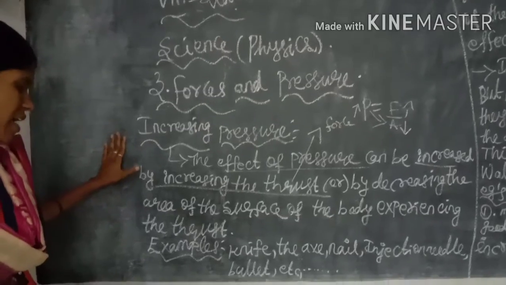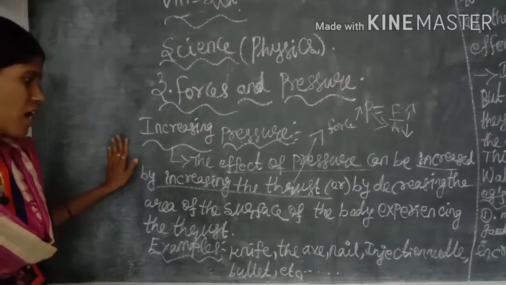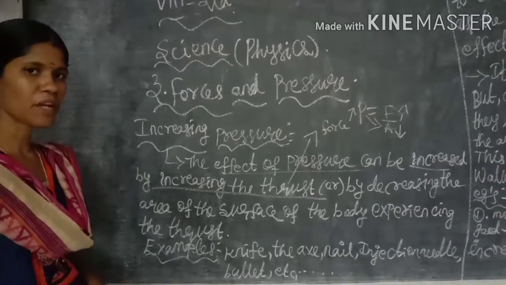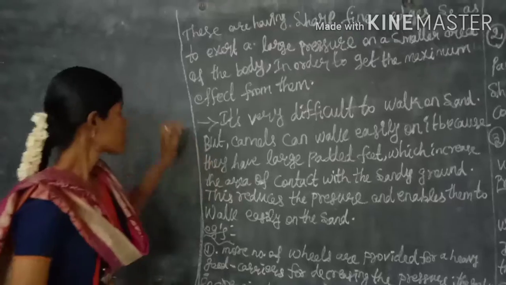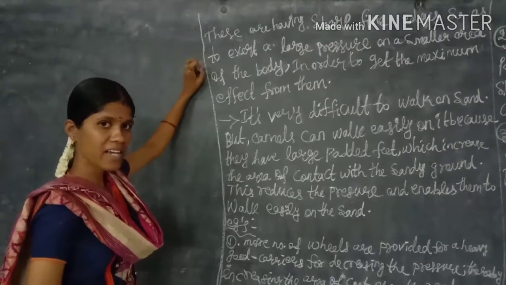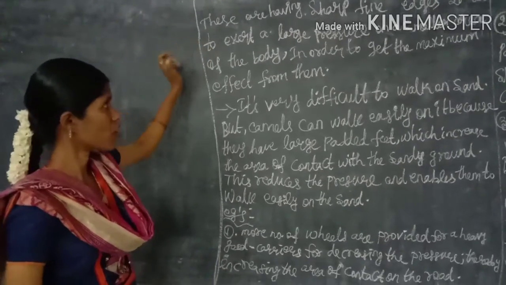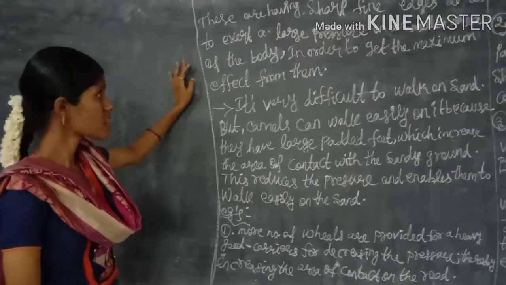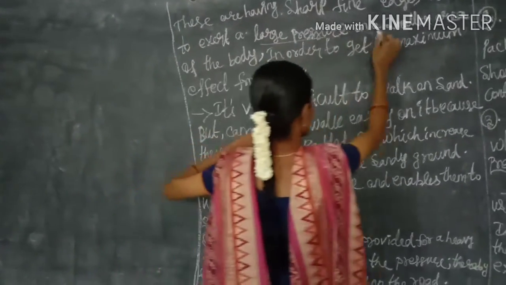The knife, axe, nail, injection needle and bullet are examples of increasing pressure on a small surface area. They have sharp, fine edges so as to exert a large pressure on a smaller area.